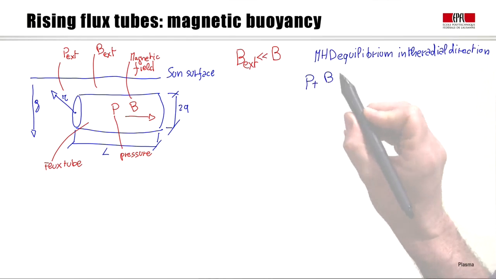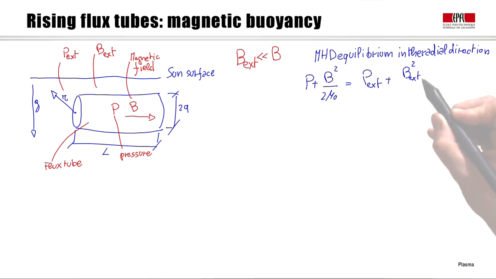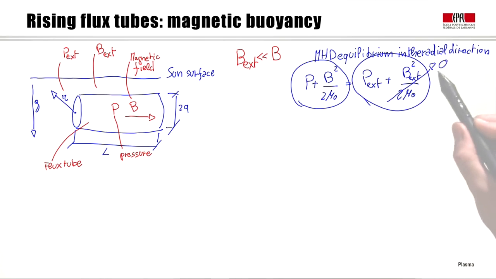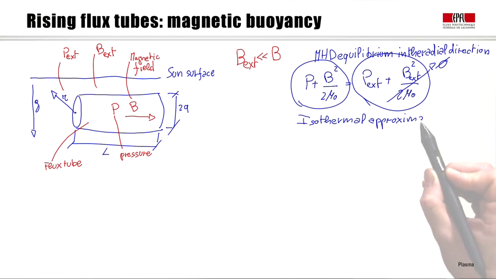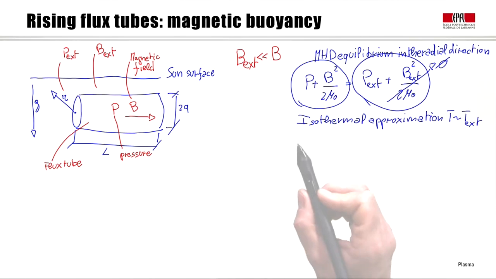In this equation, the sum of the plasma pressure plus the magnetic energy inside the tube must balance the external pressure plus the magnetic energy outside the tube. However, this last can be neglected since the magnetic field outside the flux tube is much smaller than the magnetic field inside the tube. Let's now make the isothermal approximation, and let's assume that the temperature inside and outside the flux tube is not too different.